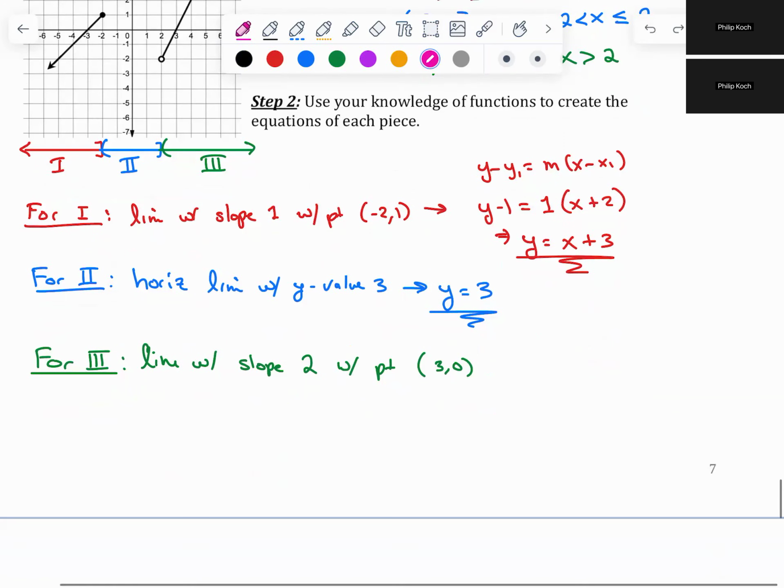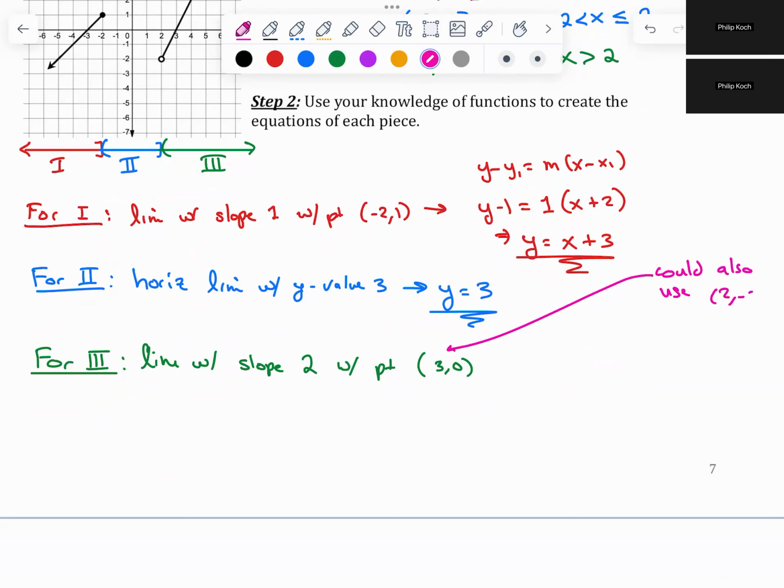And then I'll put over here, could also use 2, -2, even though it's not on the actual function. You could use it because it is a point on that line, but it's not a point on the curve, the function itself. Does that make sense? The difference? A line has that point, but the function does not.